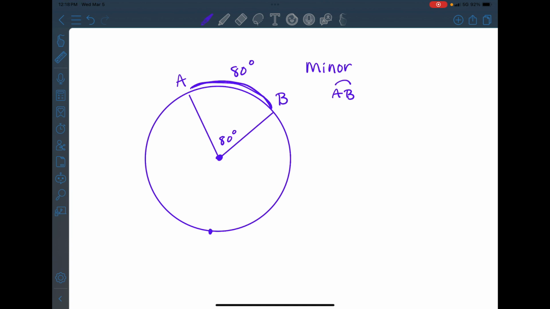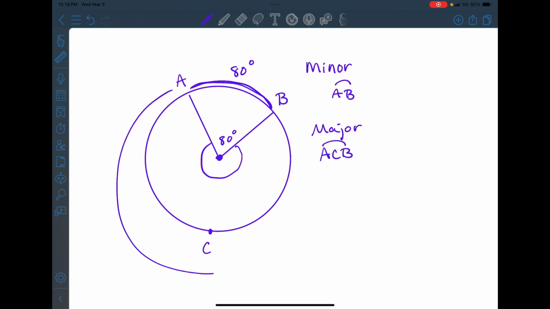But if it was the major arc and it's more than 180 degrees, so if I'm looking at this central angle and that was named C, I'd have to name it with three letters, ACB or BCA, and it would be talking about this one. A circle all the way around is 360 degrees.